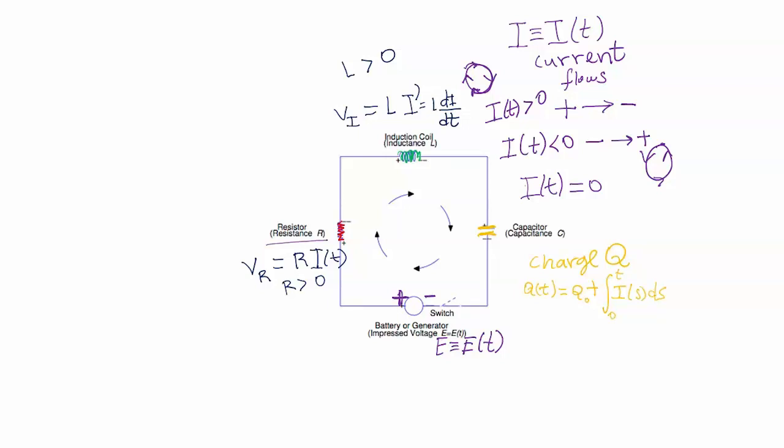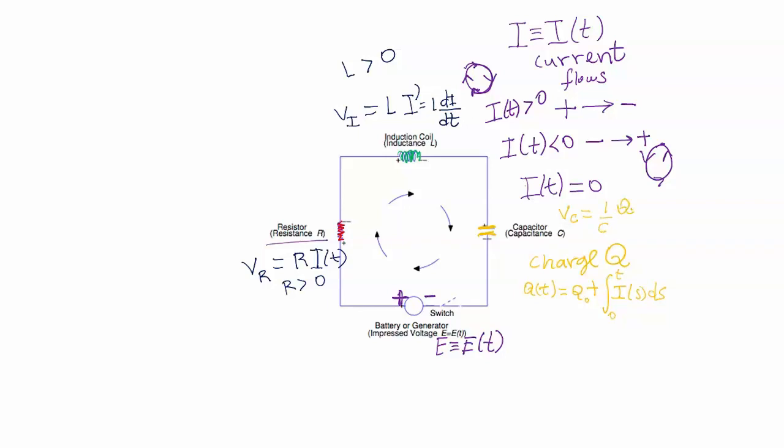With this definition, you can see easily that when we differentiate Q, the rate of change of the charge is precisely equal to the current. Very importantly, we're going to use this positive constant C, called the capacitance, to denote that the voltage drop V sub C at the capacitor is given by 1 over that constant C times the charge.